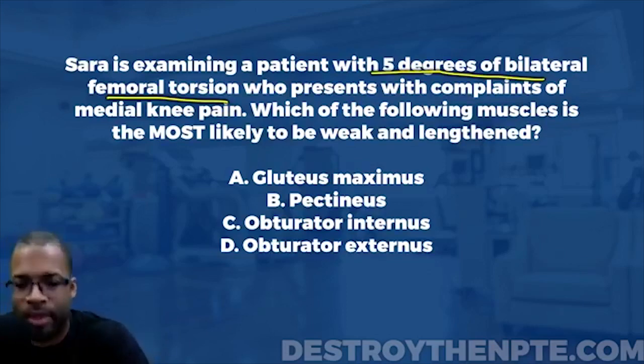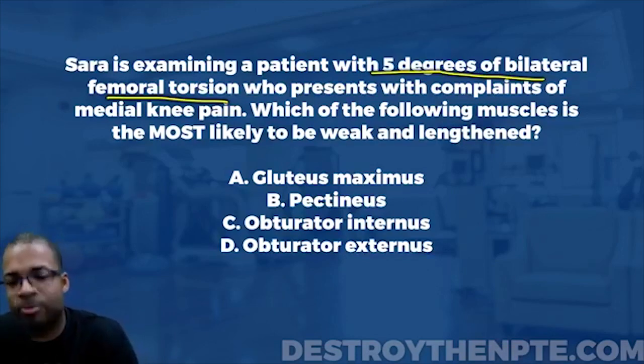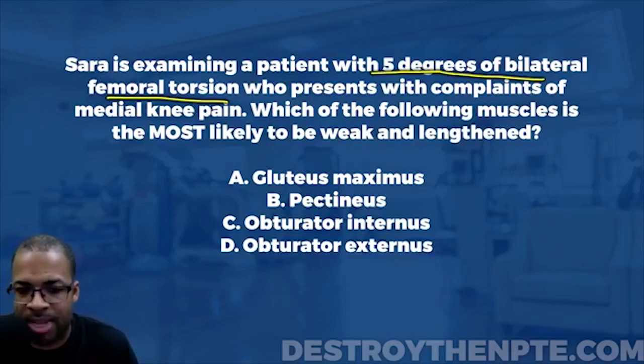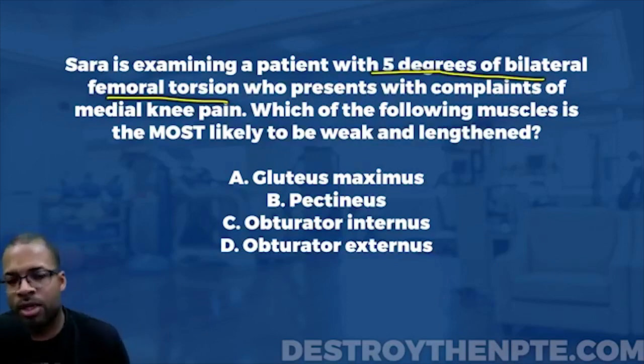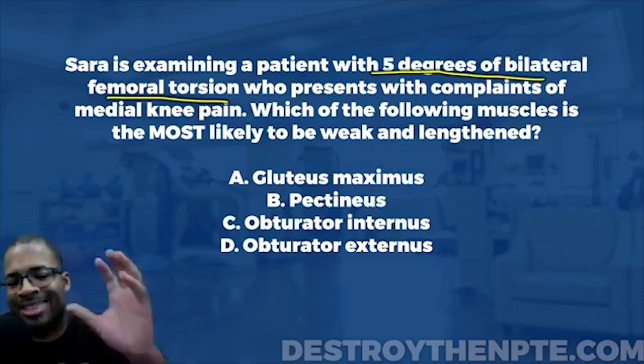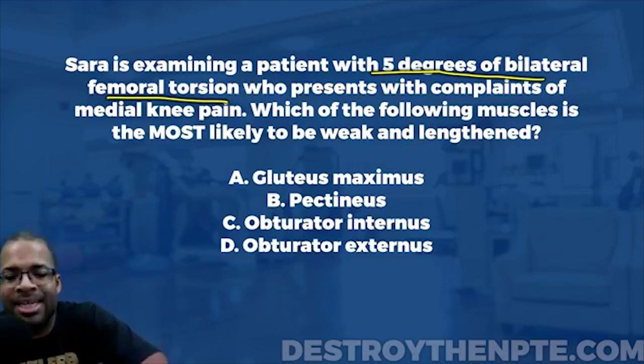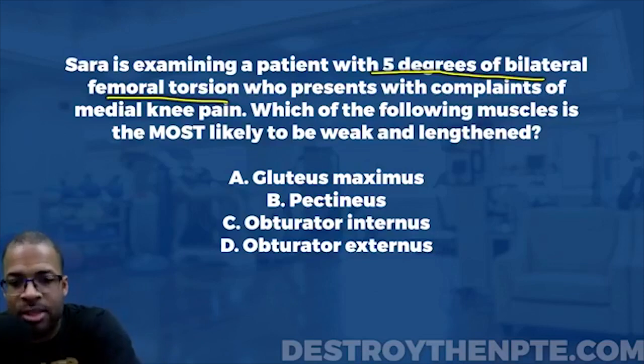Again, we have A, Gluteus maximus, B, Pectineus, C, Obturator internus, and D is Obturator externus. So let's look at each. Gluteus maximus. Well, first things first. Don't get caught up in the question. Just tell me what is the action of the gluteus maximus.